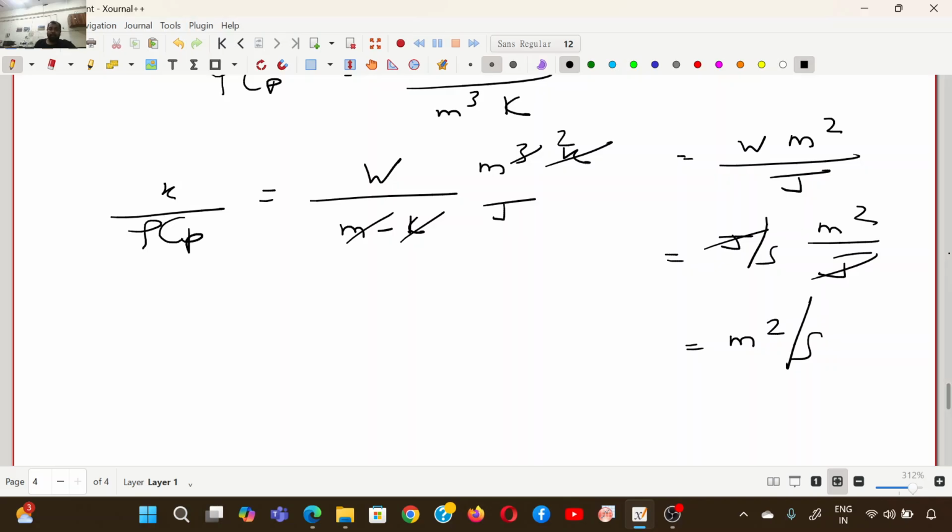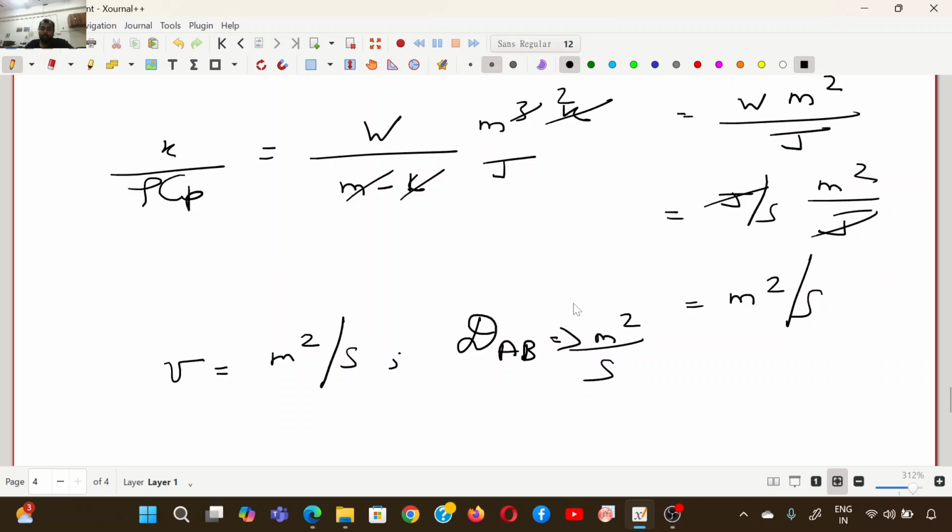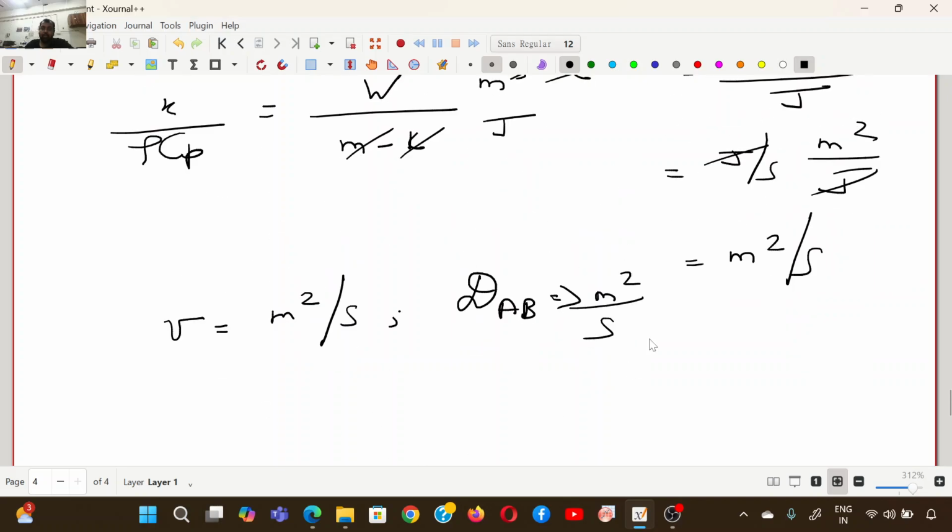So now if you remember the kinematic viscosity that we went through in momentum transport, nu, that also had units of meter square by second. Though we are not covering it here, in species diffusion, there is something called diffusivity, say between two species A and B, DAB. So that unit is also meter square by second. So we find an analog between the momentum transport, the heat transport, and the species transport in terms of diffusivity.